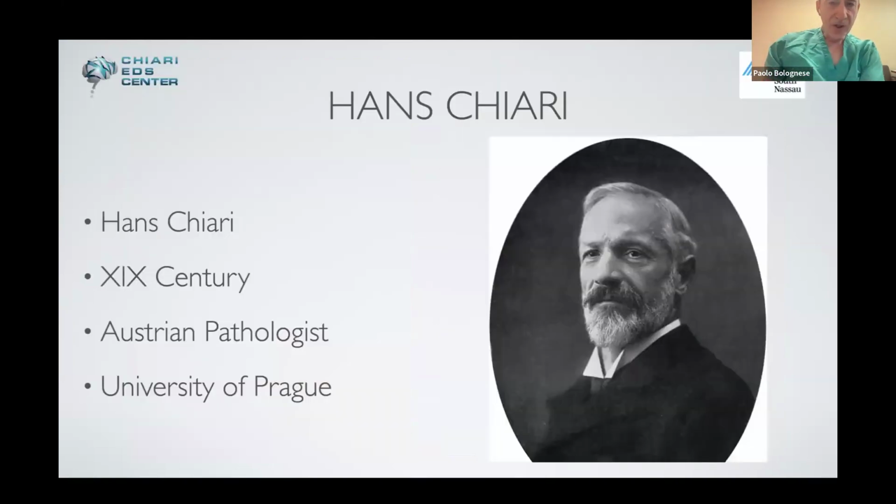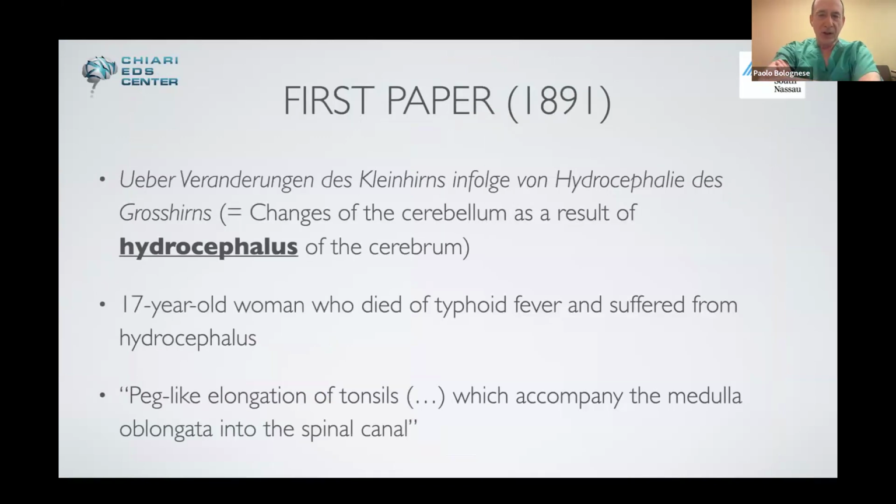Hans Chiari was a pathologist. He was part of the Austro-Hungarian Empire. He was chairman of pathology at Prague. And while he was working on autopsies of patients affected by tuberculosis and typhoid fever, he started seeing a recurrent finding, which was herniation of the cerebellar tonsils.